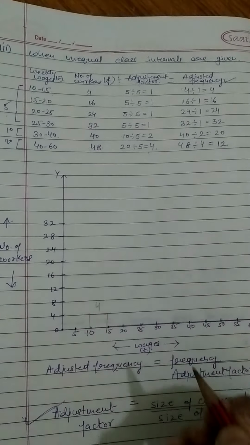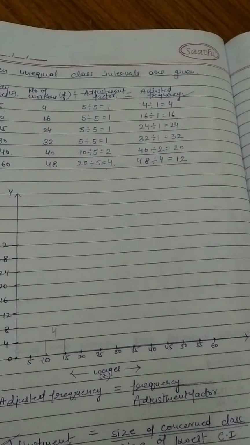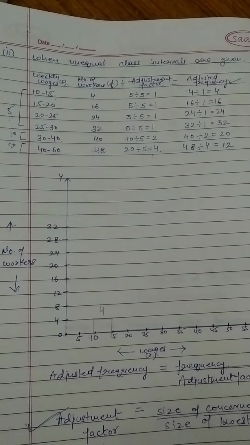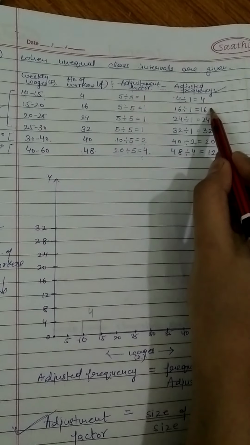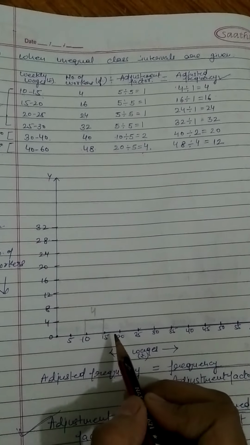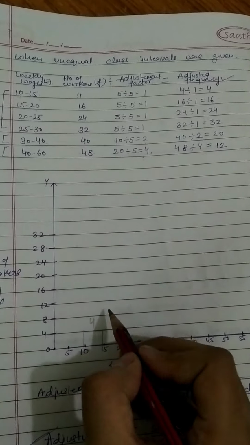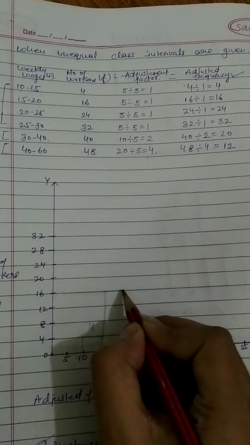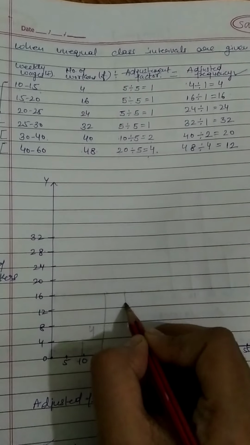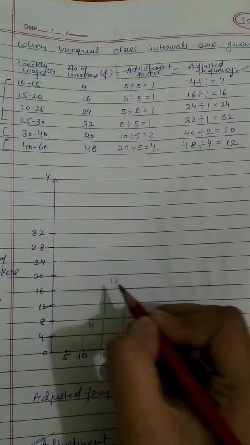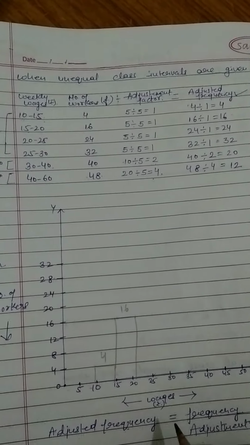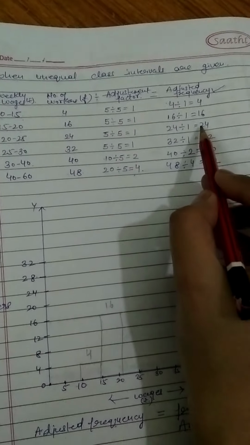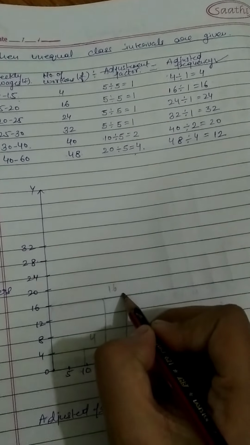Same as we were plotting previously. Next class interval is 15 to 20 and the adjusted frequency is 16. Then 20 to 25 adjusted frequency is 24.